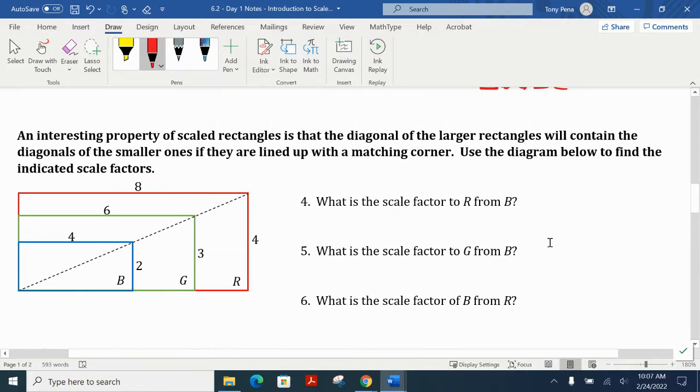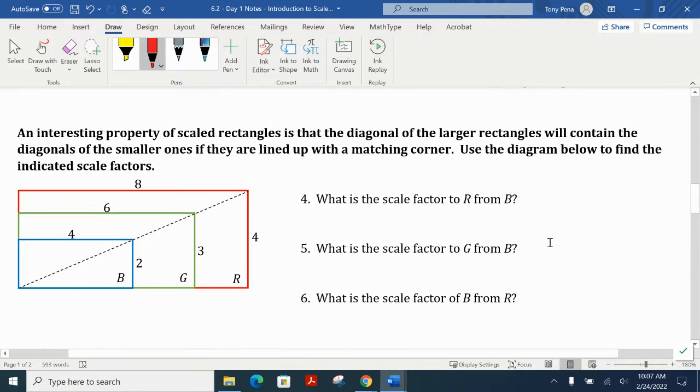All right. Next one. Another opportunity. Hopefully these will start making a little more sense. I won't even worry too much about that right now. Let's just worry about our scale factor. When you look at this here, you're going to see 3 rectangles. They all line up down here at this corner. We have a blue rectangle, which we call B. The green rectangle is G. The big rectangle is the R. All right.